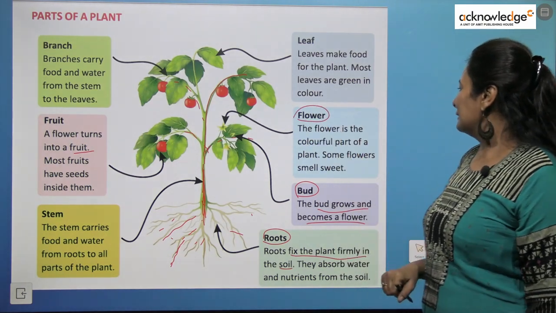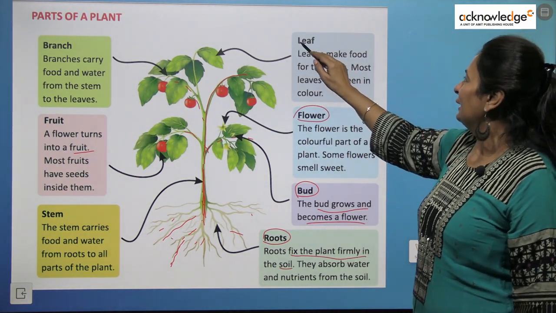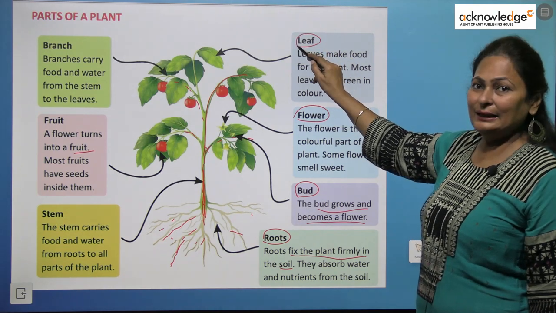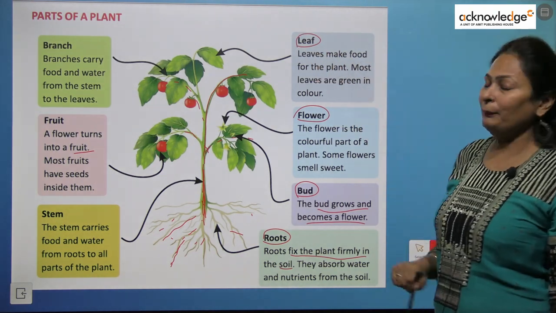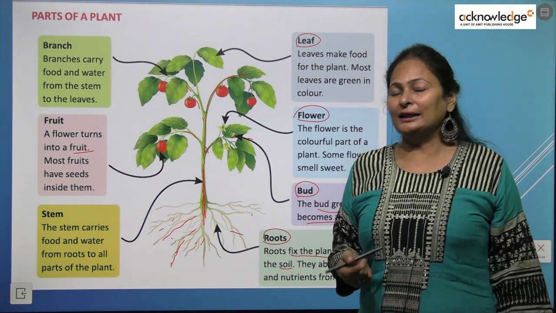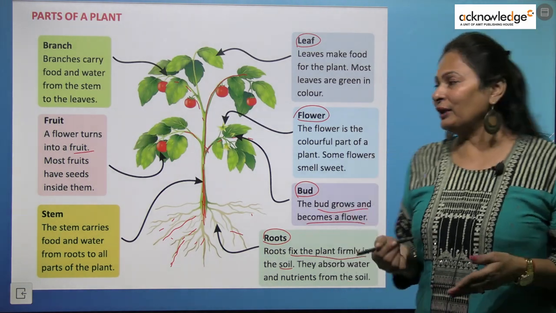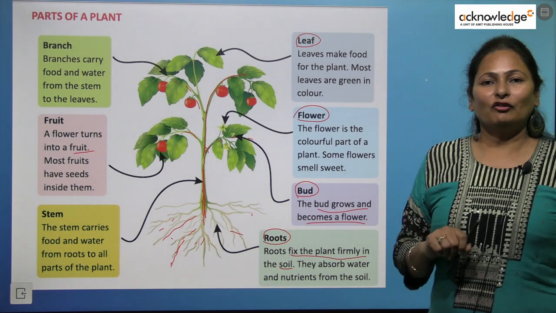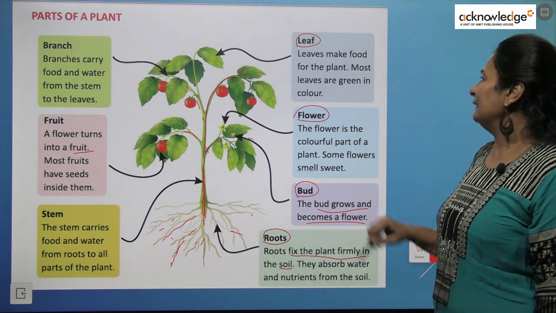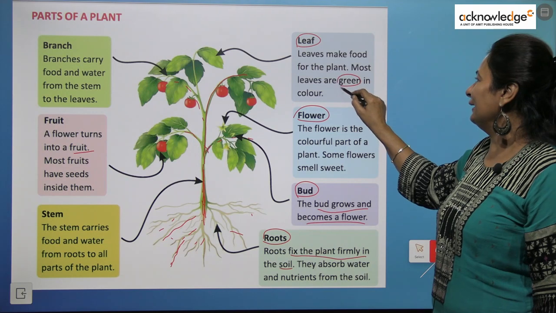Now, flowers we have already discussed. Next part of a plant is leaf. Leaf makes food for the plant. So, that is why leaves are called food factories or kitchen of a plant. Most leaves are green in color.